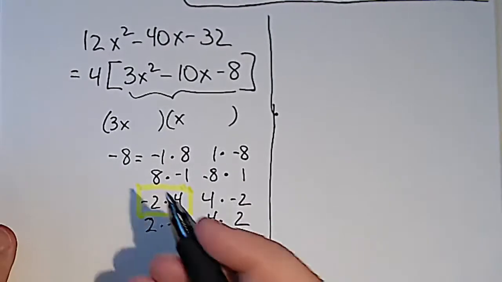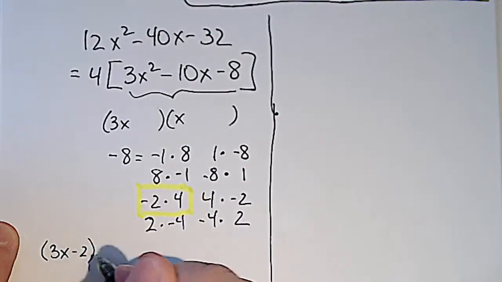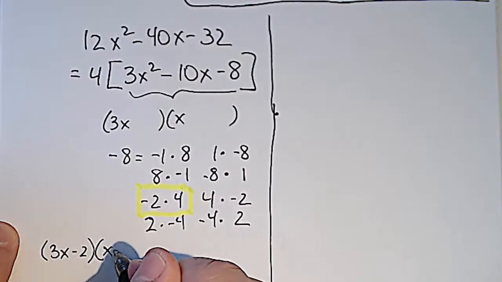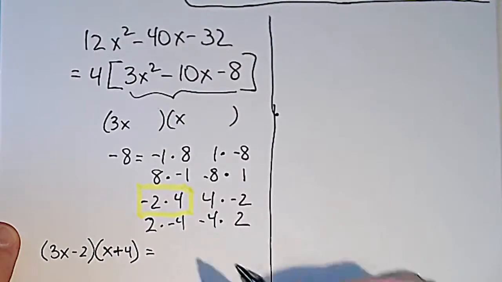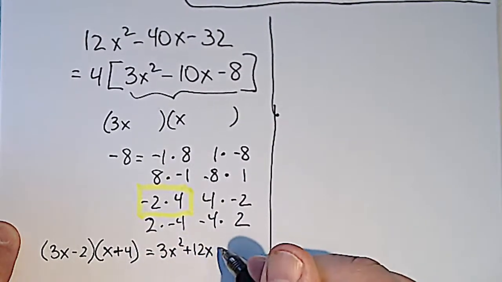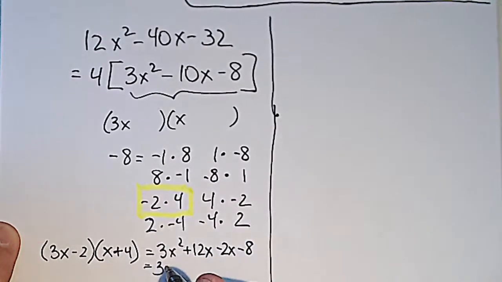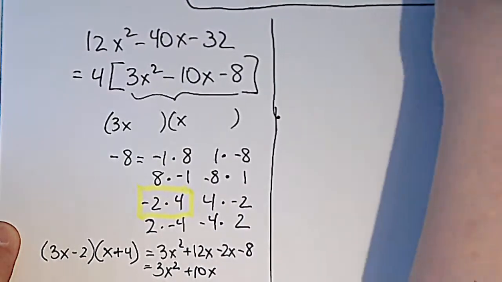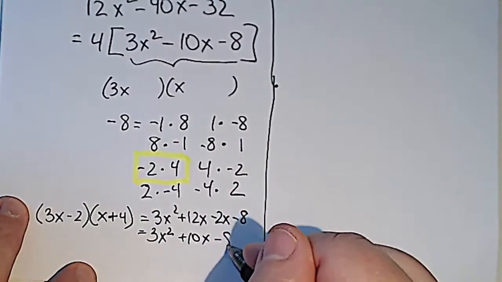So that's going to look like 3x minus 2 times x plus 4. And that's the trial. Let me try it out. I get 3x squared plus 12x minus 2x minus 8. That gives me 3x squared plus 10x minus 8. Okay, well, I'm in the right place.